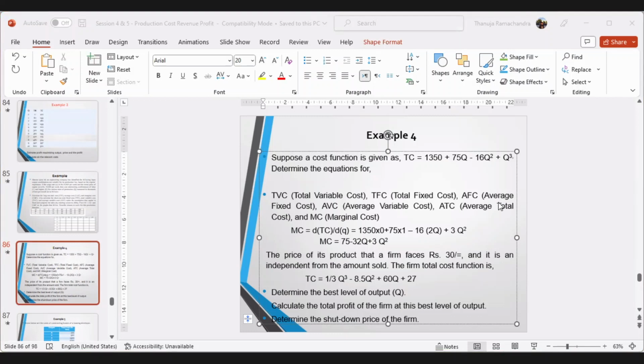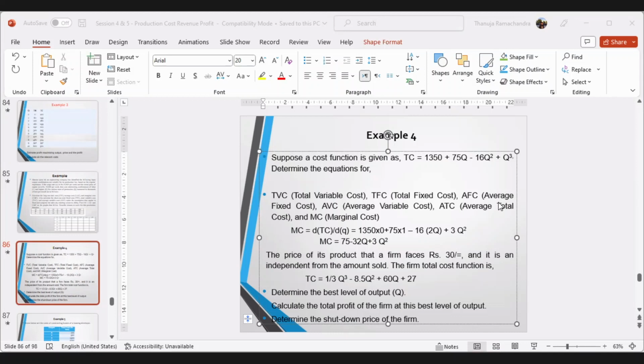Somebody says MC equals MR. Yes, that is also what we can go for, because MC equal to MR means the maximum profit point. Both ways it should be.